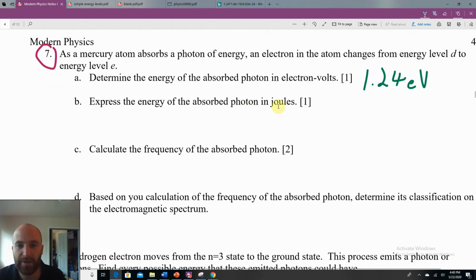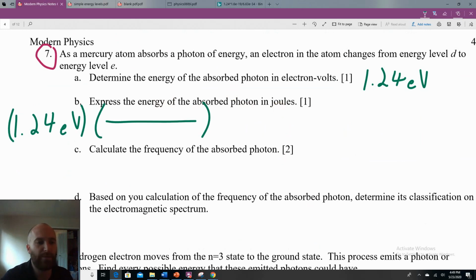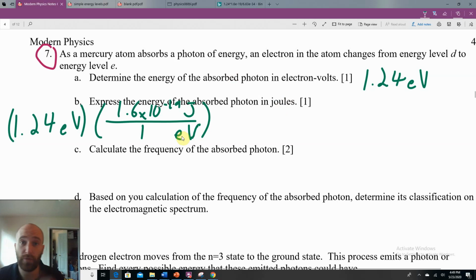Now we're going to express that in joules. That sounds like a conversion, going from electron volts into joules. So we're going to start by writing out the number we're converting. We want eV to cancel out, so let's put eV on the bottom, joules up top. We want 1 eV, which is equivalent to 1.6 times 10 to the negative 19 joules. That 1.6 ended up on the top this time, so we should multiply by the 1.6.